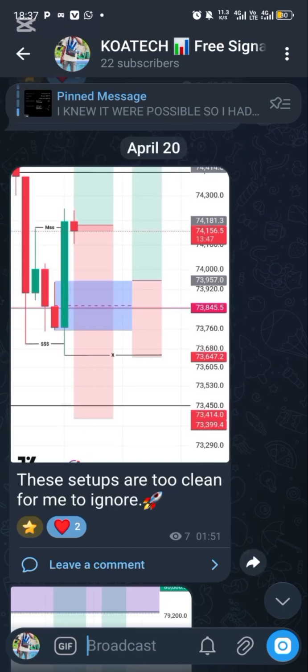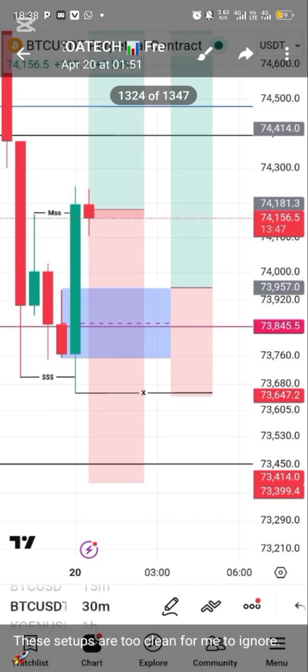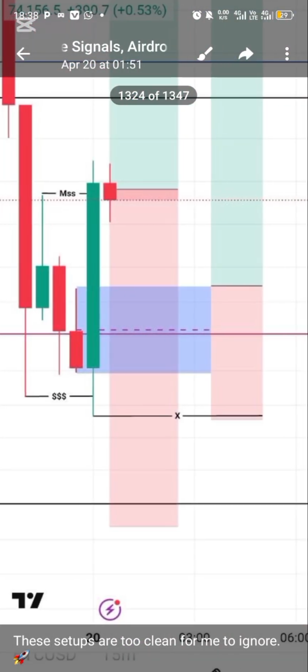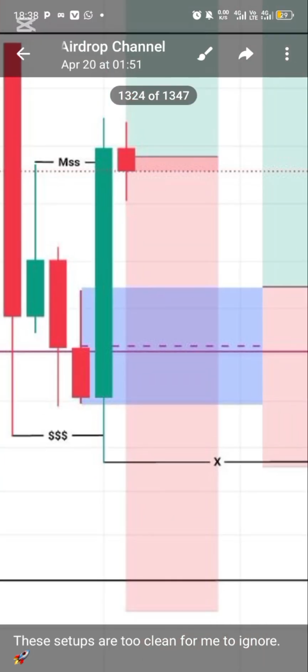Now price came to my POI and I was just waiting for two things to happen. Now what are the two things? I wanted MSS and I wanted SSS. Now the SSS is this very one. I just wanted a liquidity sweep, then a market structure shift to the upside.